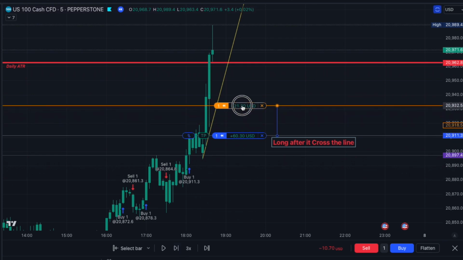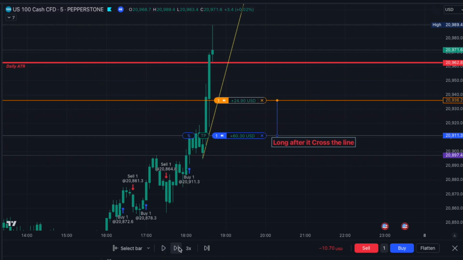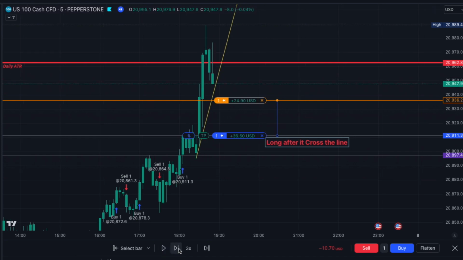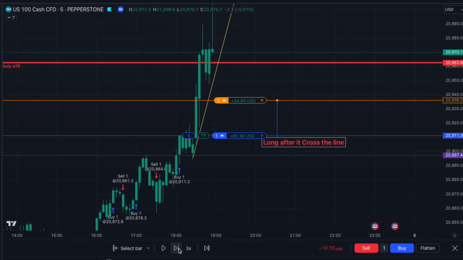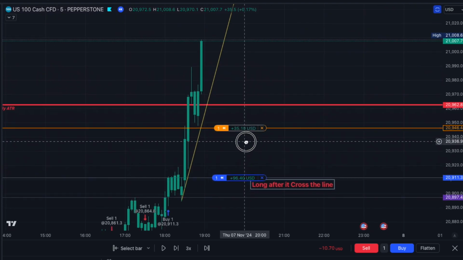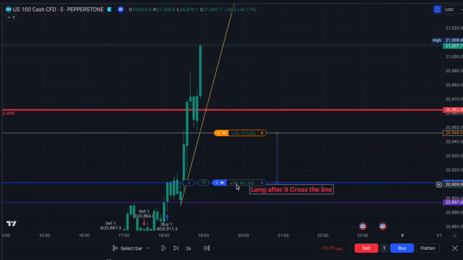Why not? Okay. Whatever the price decides to do, I'm gonna be going with it. See, these profits you're trying to tackle, and they are on a daily basis.